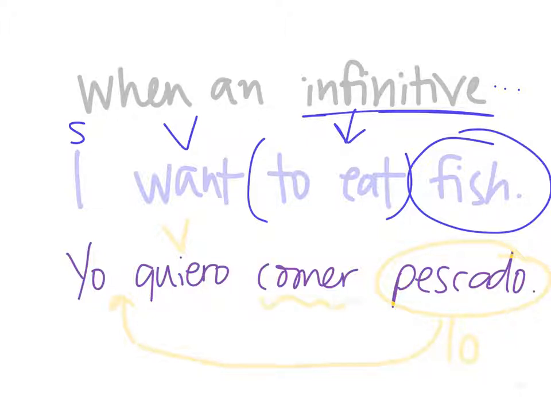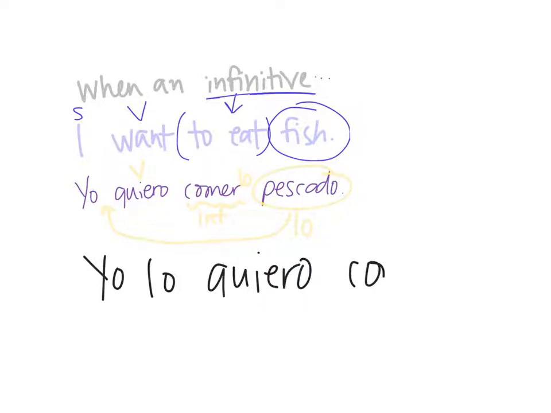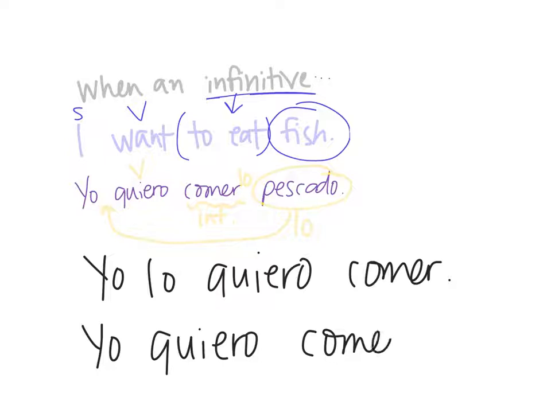But because this has an infinitive, I can also put the pronoun right on the end of the infinitive. So I have two options. I can still say, just like before, yo lo quiero comer. Or I can say yo quiero comerlo. This is only when an infinitive is involved. And you know that not every sentence has an infinitive.